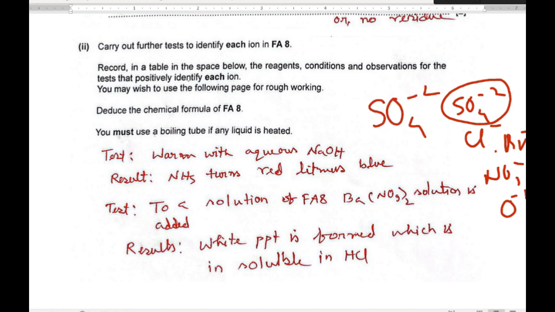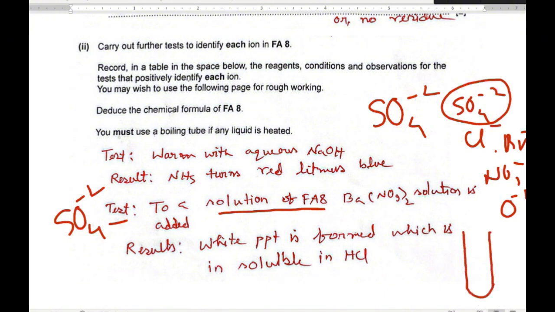You know the reagent is barium nitrate. This is the test for sulfate ion. To a solution of F8, you will take a small amount of F8 solid, as it is solid. Then you add a small amount of water.